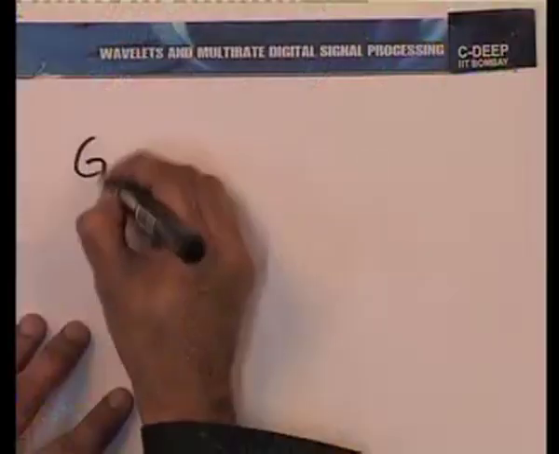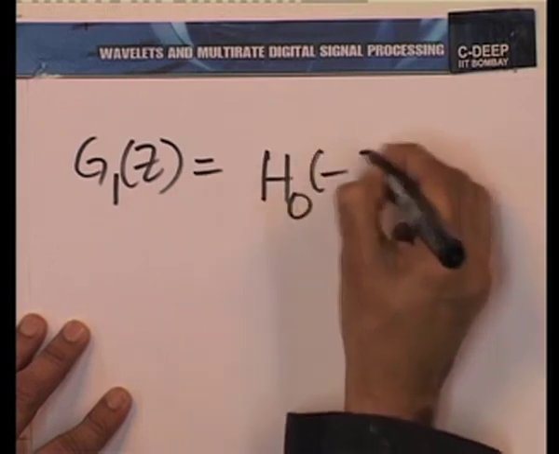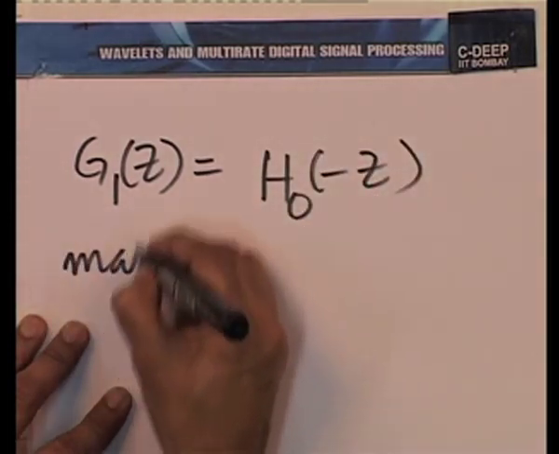In fact, the equation G1(z) is H0(-z) makes a lot of sense.